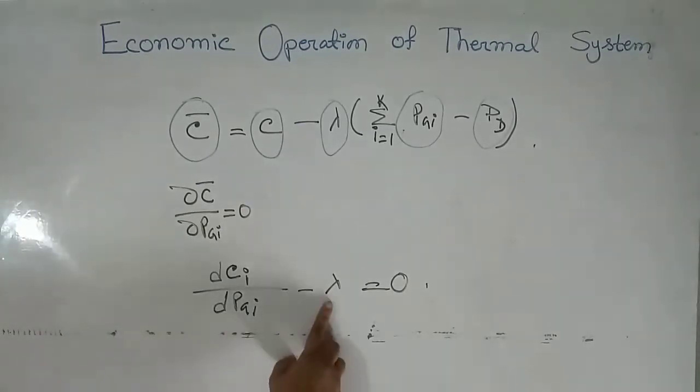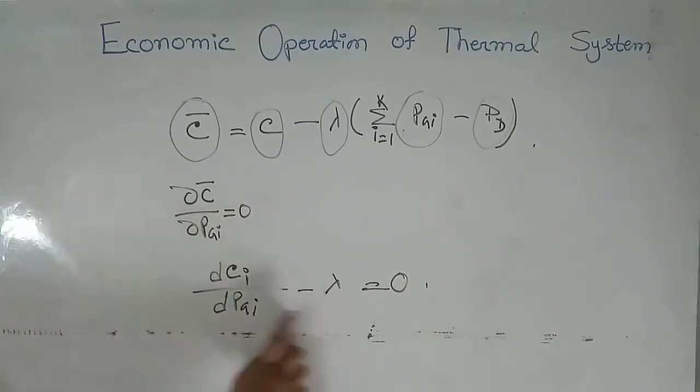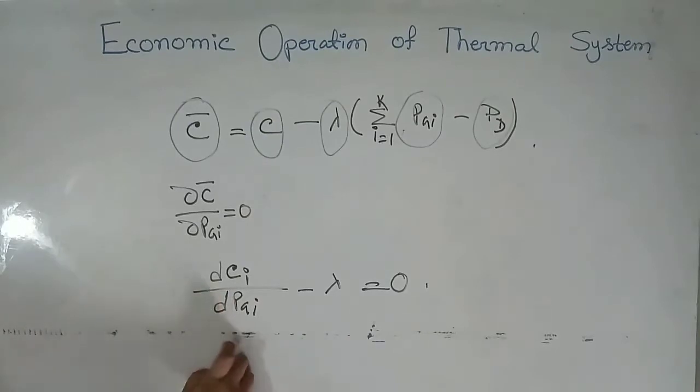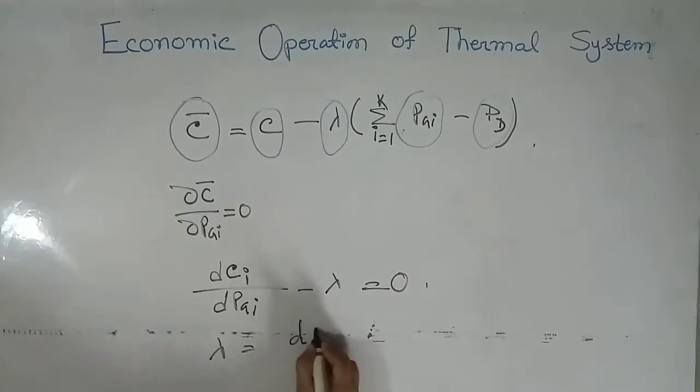So the first derivative of the cost minus the Lagrangian multiplier equals 0. So what is the value of lambda? Lambda equals dCi by dPGi.